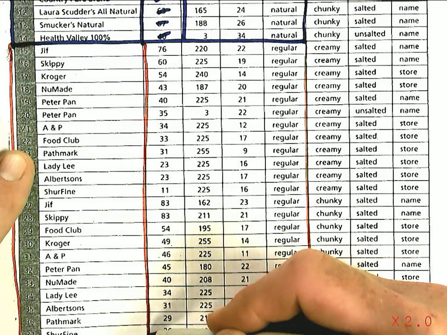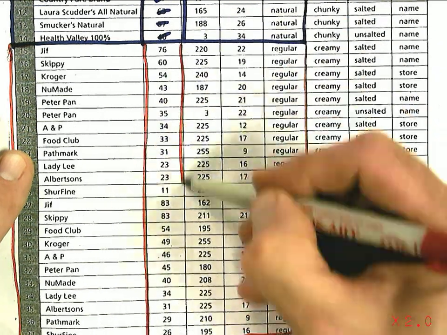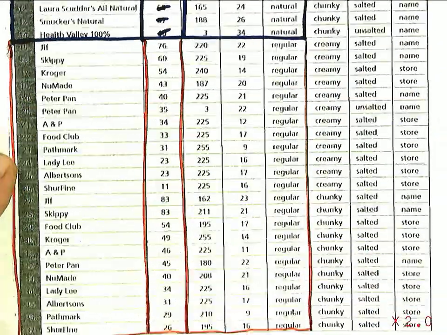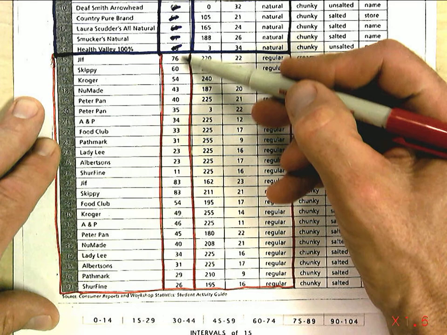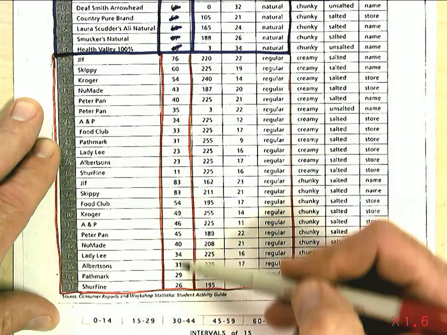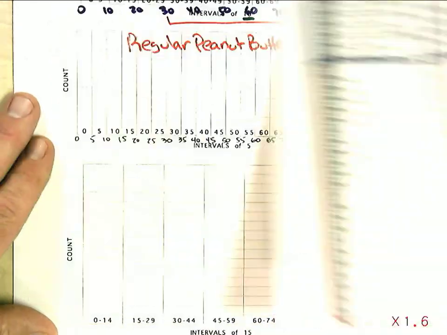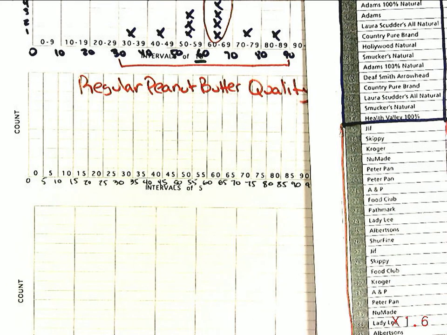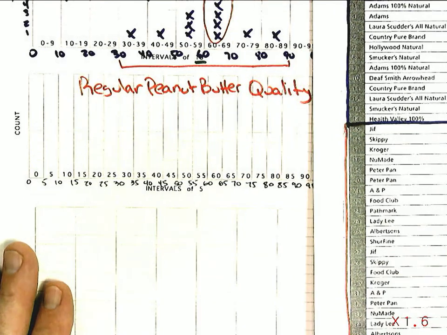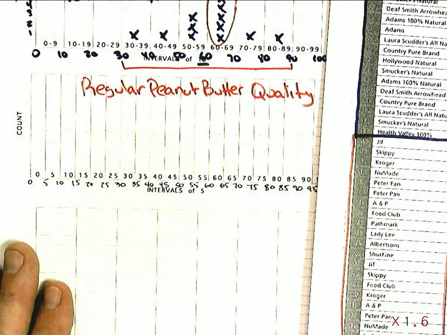So here's the quality rating column for each of those. Let's back this out a little bit so we can see more. These are the numbers we're going to use, and we're going to chart those on our histogram in intervals of 5 and see what that gives us for a result.